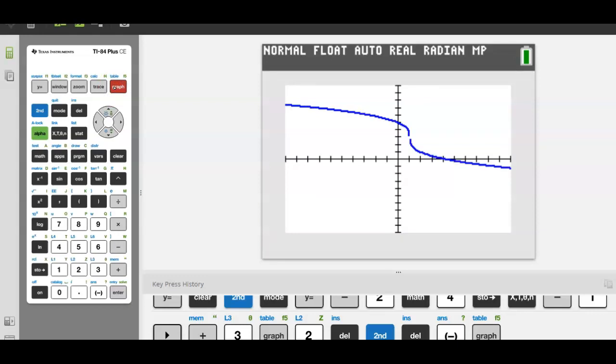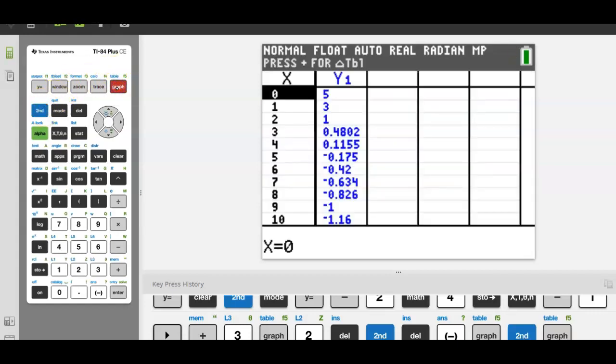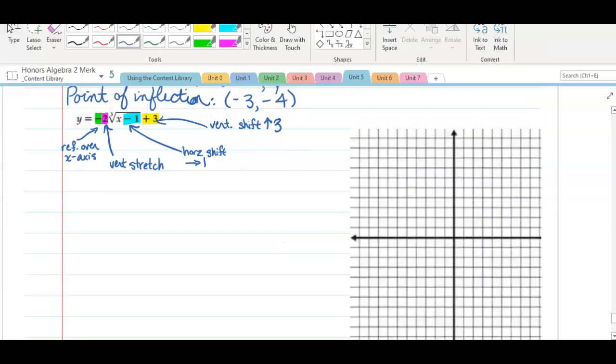Now, just like Desmos, we can see a table of values so that we can pick some nice points with integer coordinates to put on our graph in OneNote. To get there, I want the table, so I'm going to press second, graph, and I have some nice points to start off. 0, 5, 1, 3, 2, 1.